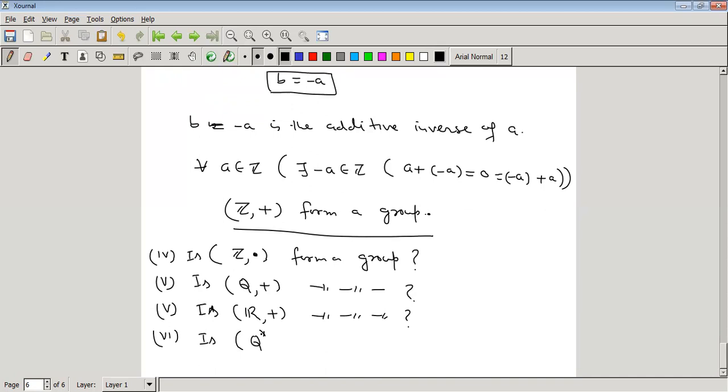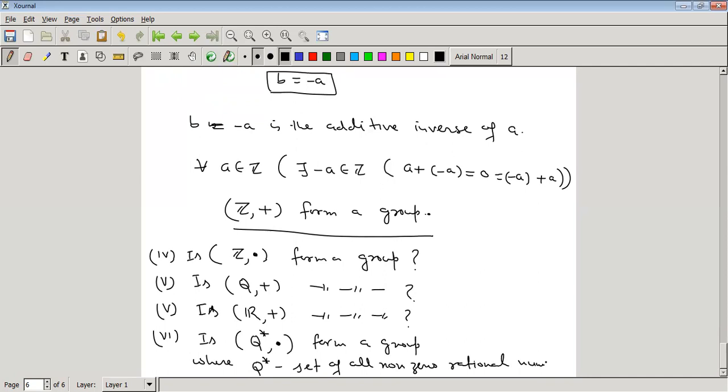Now the next question: does the set Q star with multiplication form a group? Now I define Q star. Q star means the set of all non-zero rational numbers.